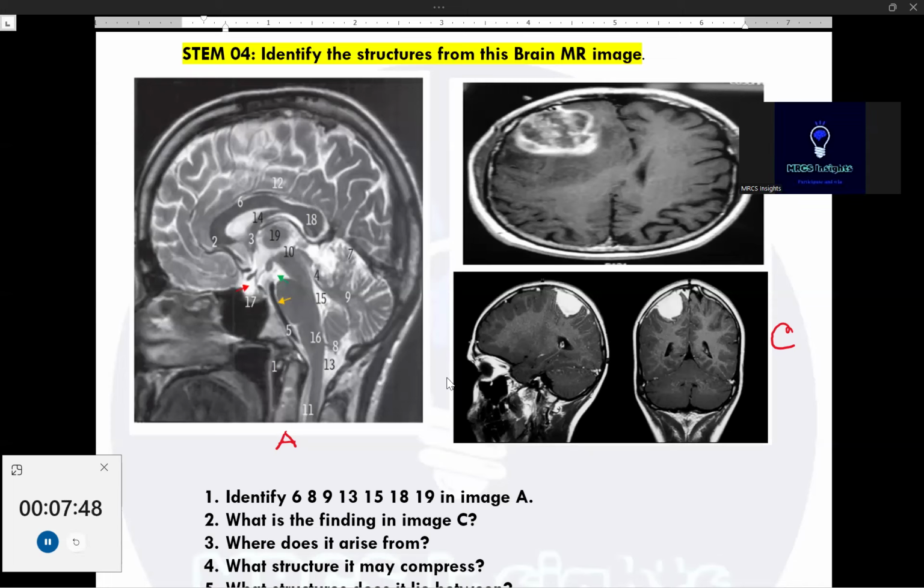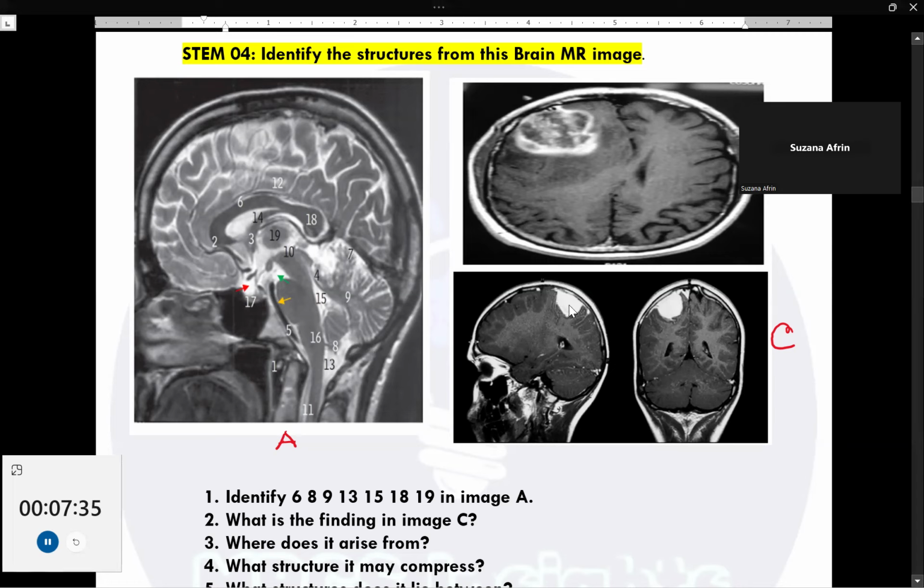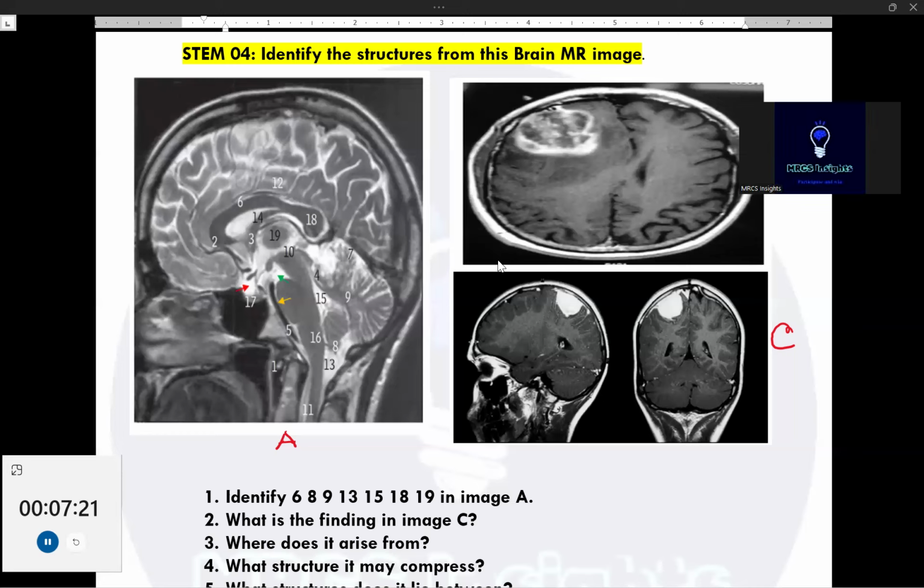Excellent. So in this image C, what can you see here? I can see a sagittal section of the brain, MRI sagittal section, and there is a hyperdense lesion. Can you tell me the probable diagnosis of this lesion? It can be ependymoma. Okay, this is basically meningioma.